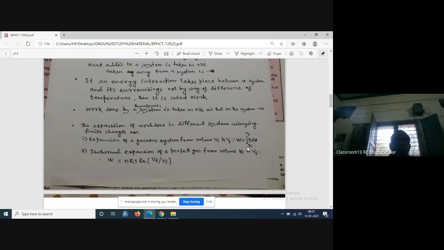The work done expression for different systems. How could you find out the work done during a process like expansion of gas? That expansion may be isothermal, may be adiabatic. So how do you find the work done? An analytic expression for the work done.